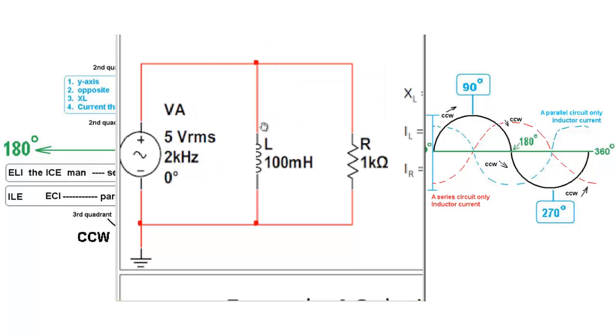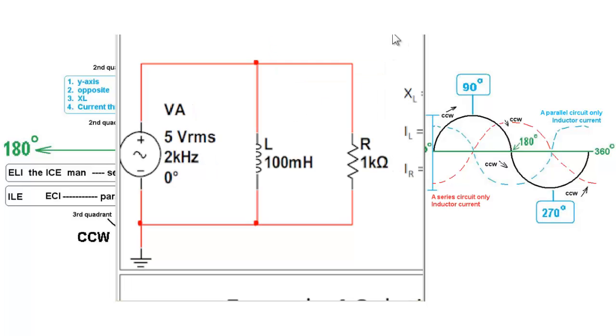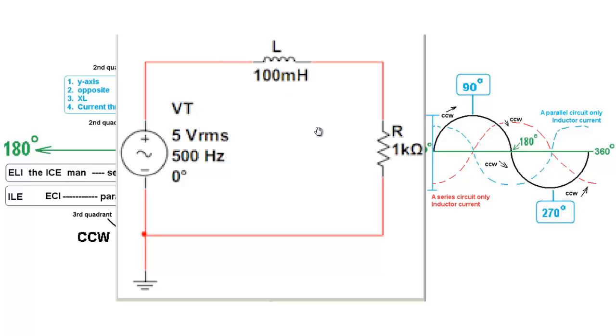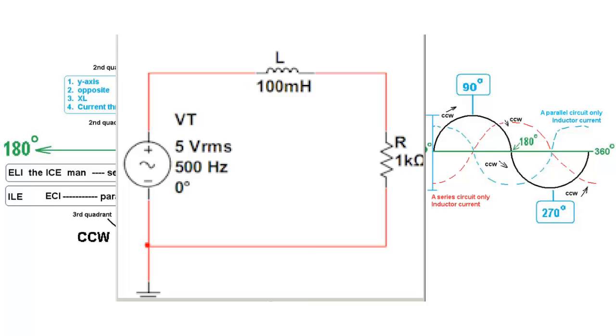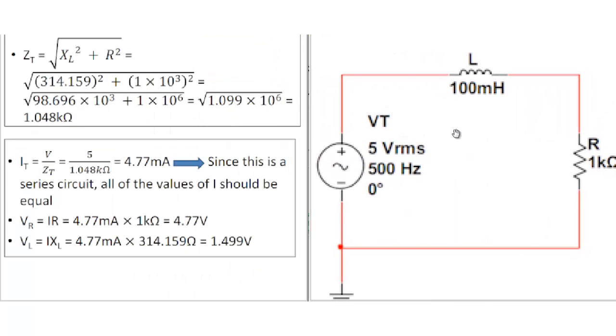Unlike this one, where the voltage is the same and the current is different, here the current is the same and the voltage is different. So that's a little bit about this. This is sort of an exercise and the equivalent math for an RL series circuit.